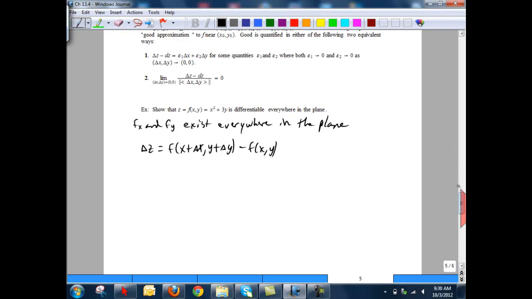And if I plug those expressions into the specific function we have, (x plus delta x) cubed plus 3 times (y plus delta y) minus x cubed minus x squared plus 3y.